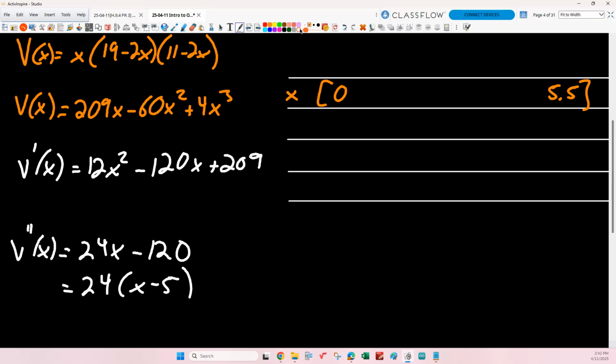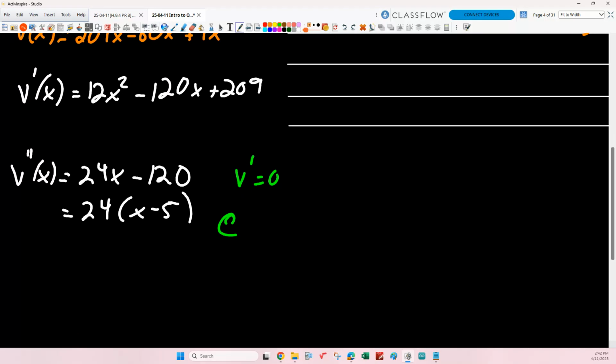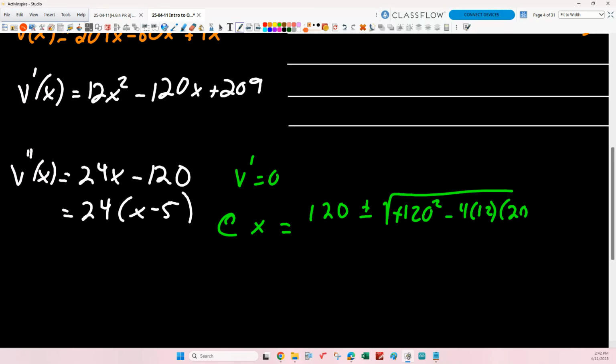So then what would I get? 120 minus the square root of negative 120 squared, so just 120 squared, minus 4 times 12 times 209, all over 24.